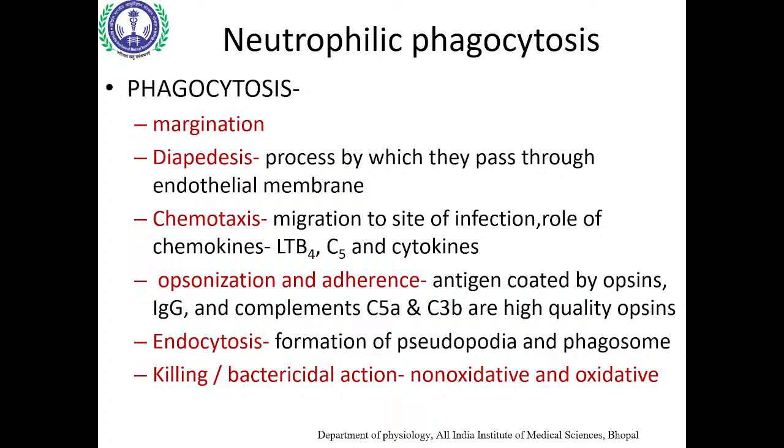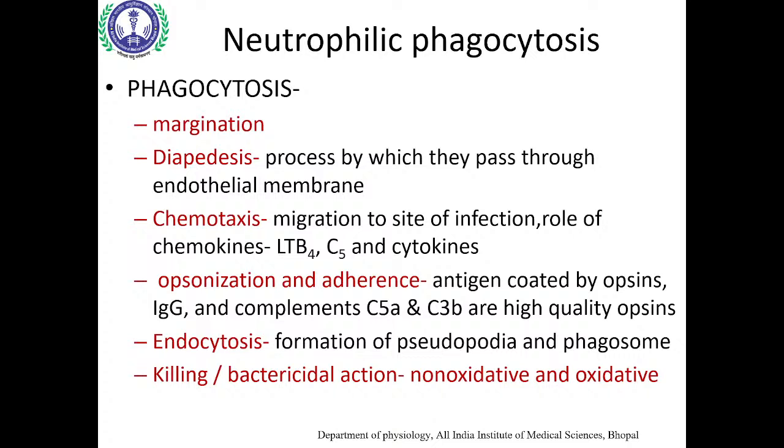Now what will happen? These marginated cells, they will cross through diapedesis. Now you all are aware of this term also, diapedesis. ठीक है. तो एंडोथीलियम से ये स्क्वीज करके बाहर निकल जाएंगी and then it will be chemotaxis. Now what is chemotaxis? Taxis mean टैक्सी होता है ना ट्रांसपोर्ट के लिए. पुलिस जाएगी कैसे? दौड़ते हुए तो नहीं पहुंचेगी भाई. अब कहाँ उनका पुलिस थाना है और कहाँ पे क्राइम हुआ है.